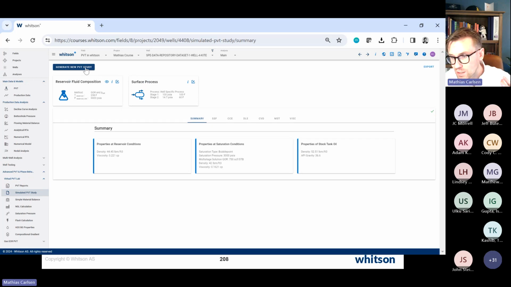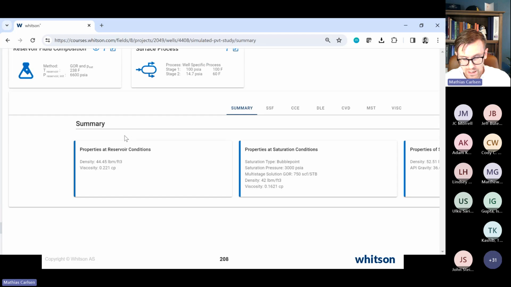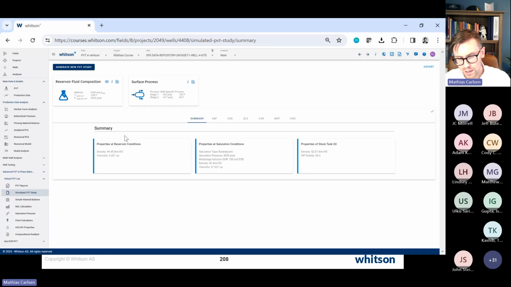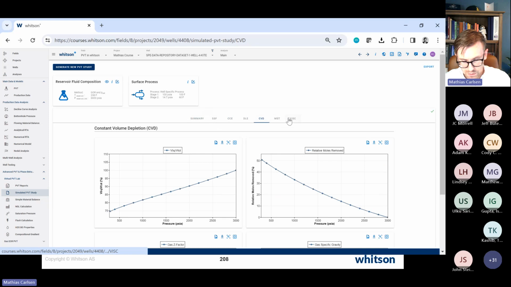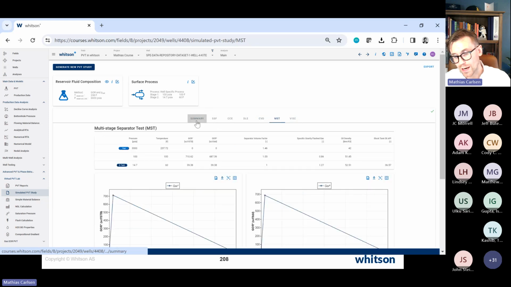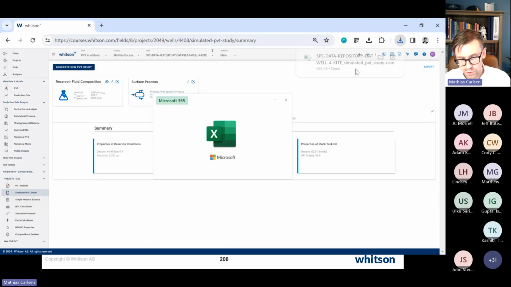And what that basically does is that it says, okay, I didn't have PVT data here, but I could generate something that's equivalent to a PVT study synthetically with this composition and with the equation of state. And here you basically get an equivalent of a full-blown PVT report. You have the CCE experiment, you have the DLE, CVD, viscosity experiment, etc. And you could actually even go and export this into a file that looks very similar to an actual PVT report.